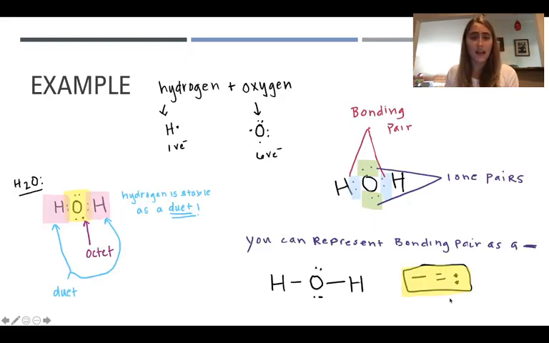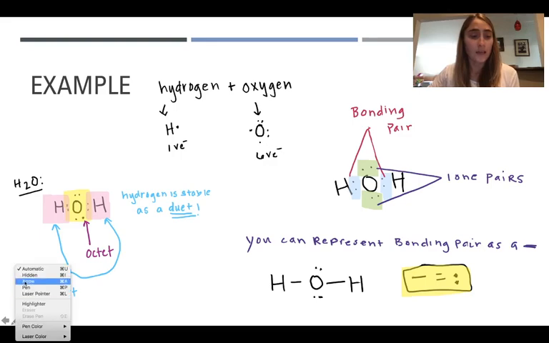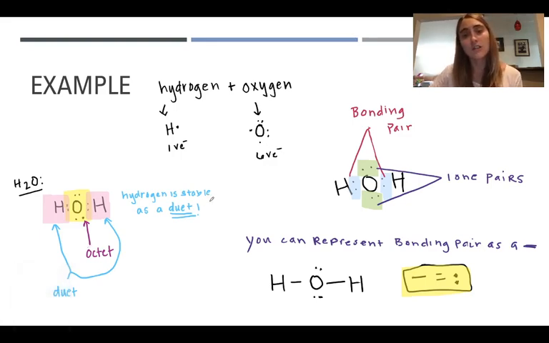Let's look at an example of what this will look like, especially if we're drawing the Lewis structure for it. What I'm going to give you here, and let me get a pen going, is hydrogen and oxygen. Hydrogen and oxygen are both nonmetals, which makes this a covalent compound, so we can immediately identify that. The first step, like we've been doing, is to look at how many valence electrons each of these has.